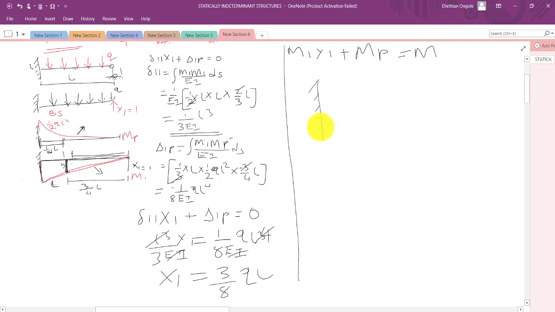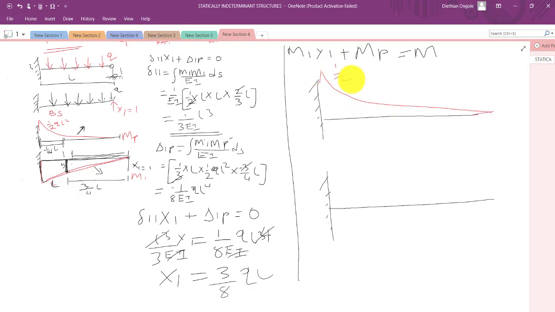For MP, let's say this is the structure, and for M1, we have a structure like this. Here we had this like that with our peak value as half Q L squared, while for this one here, our structure was a triangle of that nature.